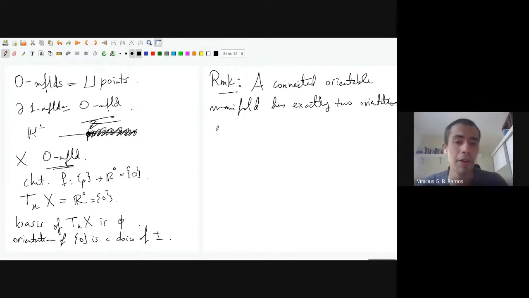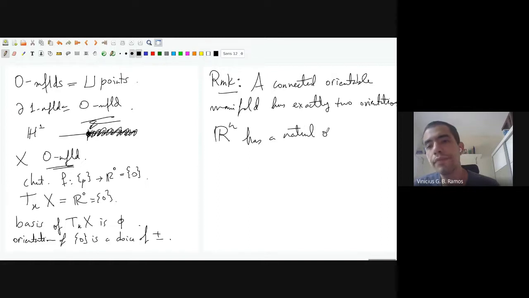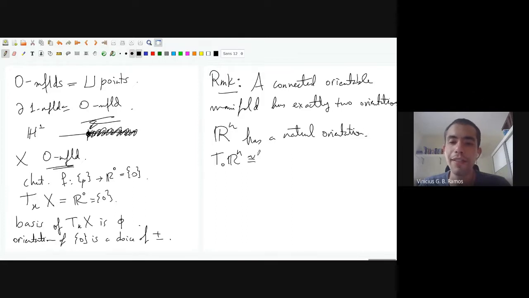So first of all, of course, as I mentioned but didn't write down, Rn has a natural orientation. That's given by any tangent space, the tangent space at 0, for example, which is naturally identified with Rn itself. And you can just take the Euclidean basis. This gives you a natural orientation.